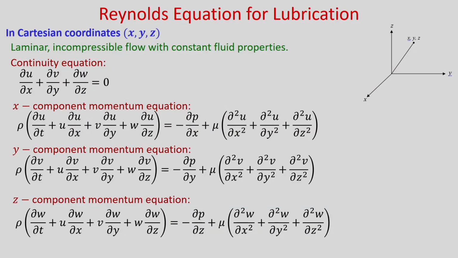So, you can see for laminar incompressible flow with constant fluid properties, this is the continuity equation where u, v, w are the velocities in x, y and z directions respectively, and this is the x component momentum equation where the left hand side is the inertia term and on the right hand side this is the first pressure gradient term and this is the viscous term, where rho is the density of the fluid and mu is the viscosity of the fluid.